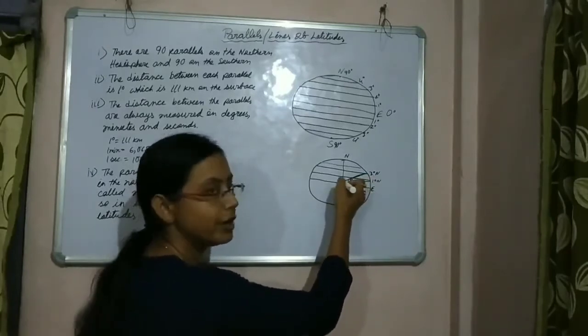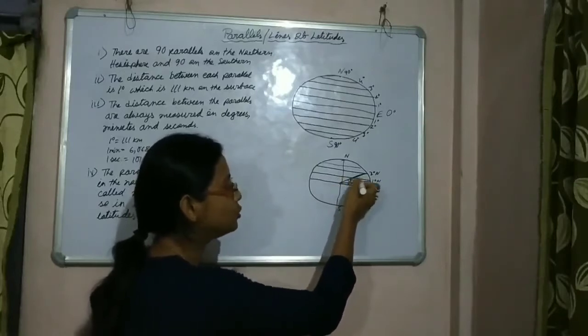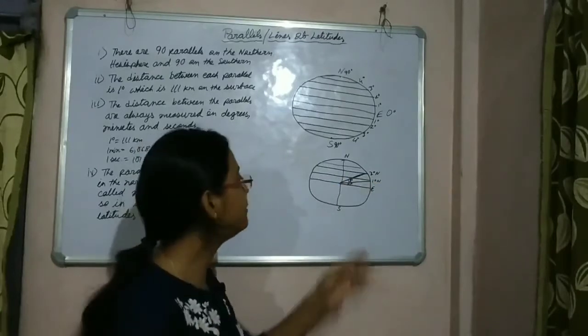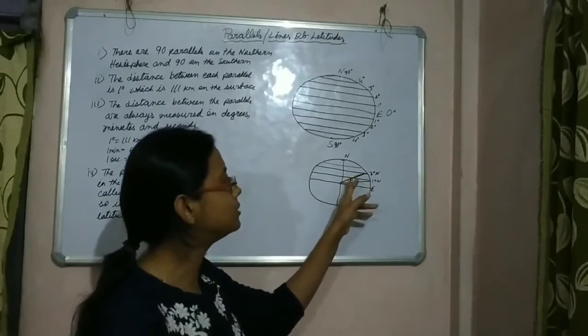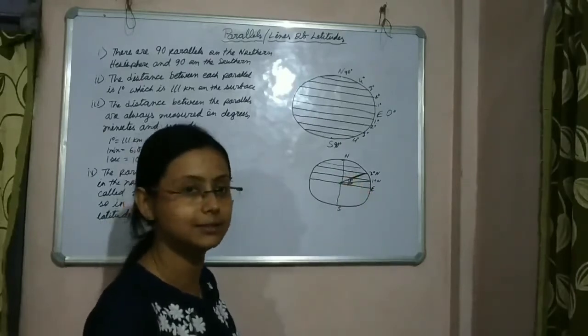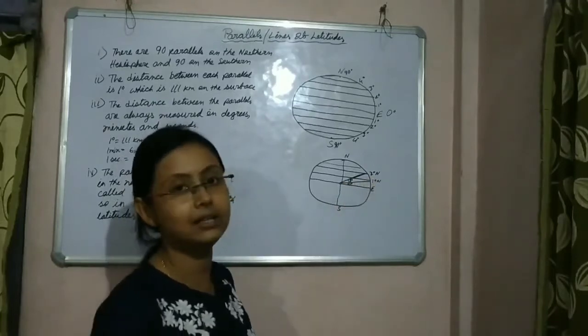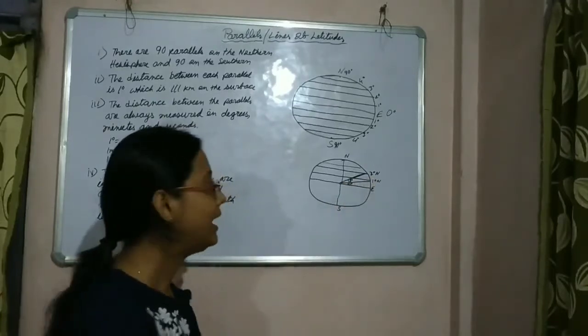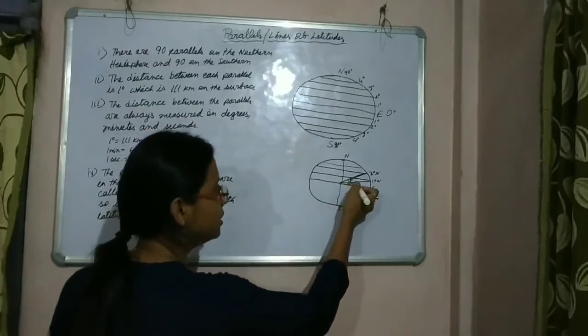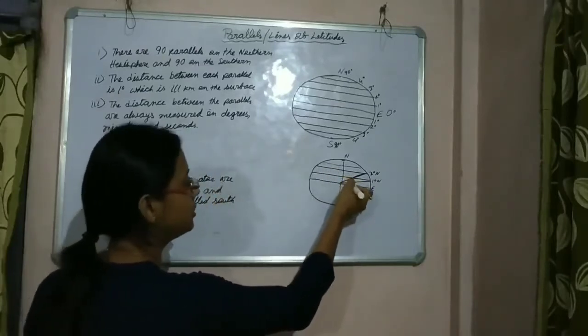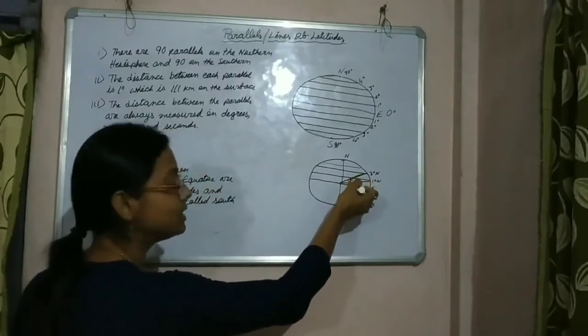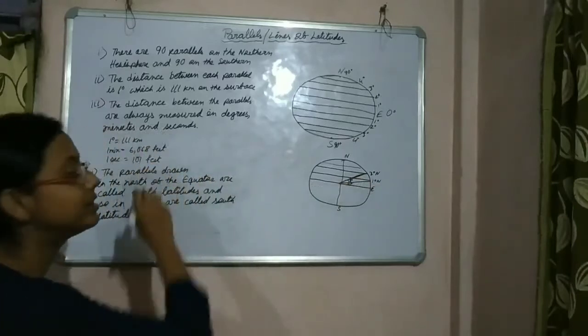When these are joined from the center of the earth by drawing a line, they form angles of 1 degree, 2 degree, 3 degree. And this is how we get the parallels at a distance of 1 degree. And this 1 degree distance between the parallels on the surface is 111 kilometers.